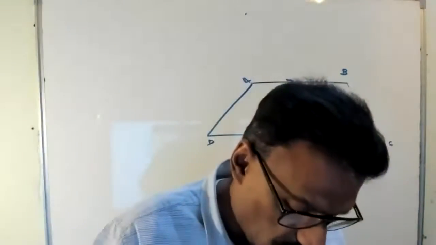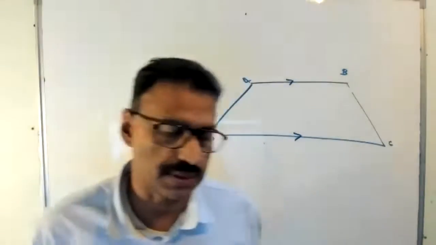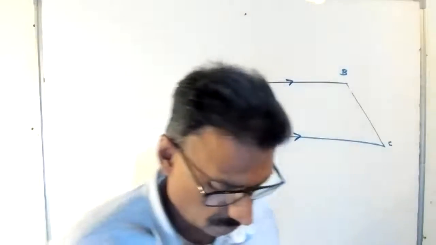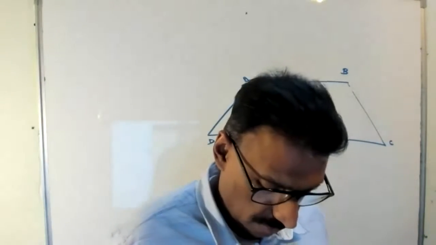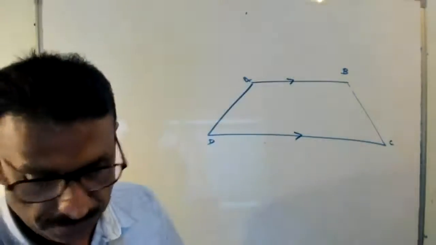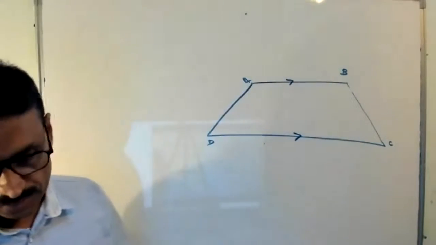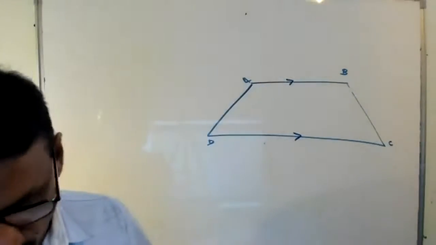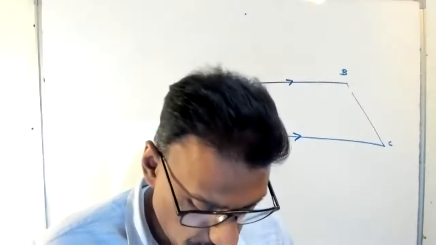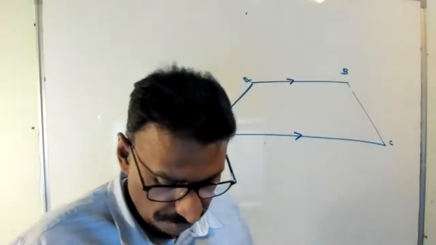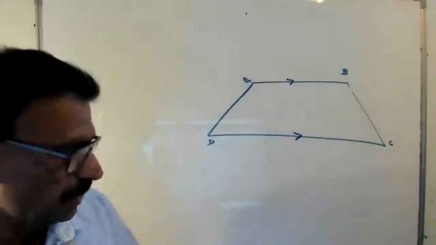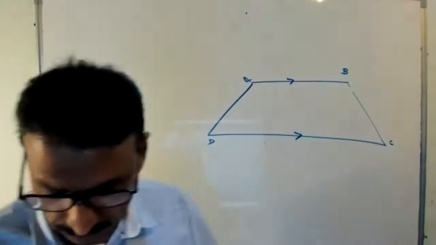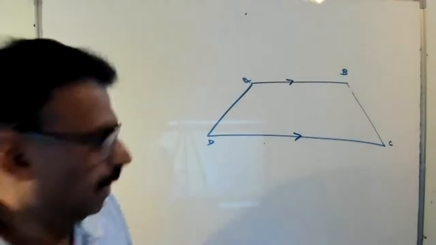Okay. Then isosceles trapezium. A trapezium is said to be an isosceles trapezium if its non-parallel sides are equal.